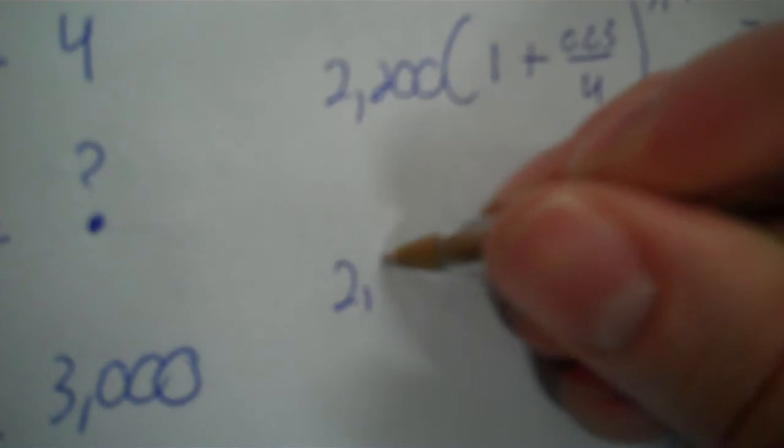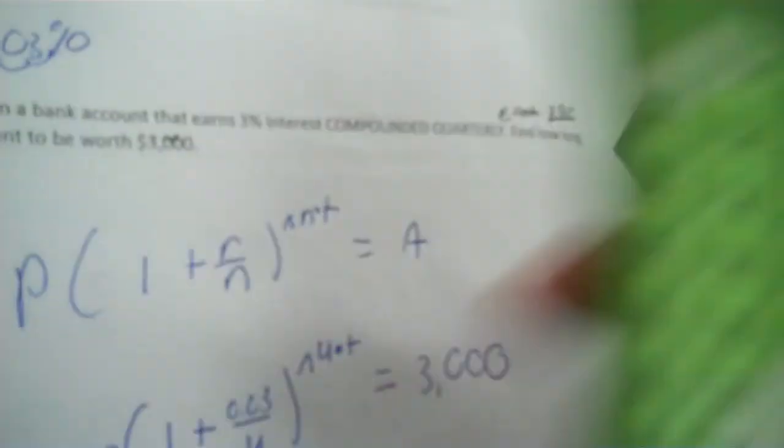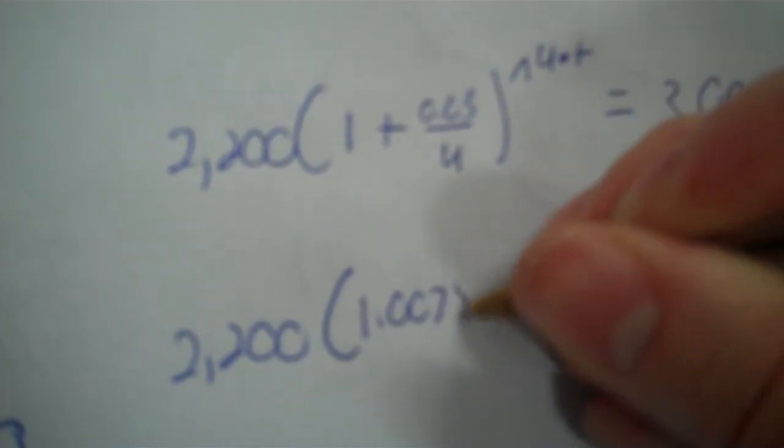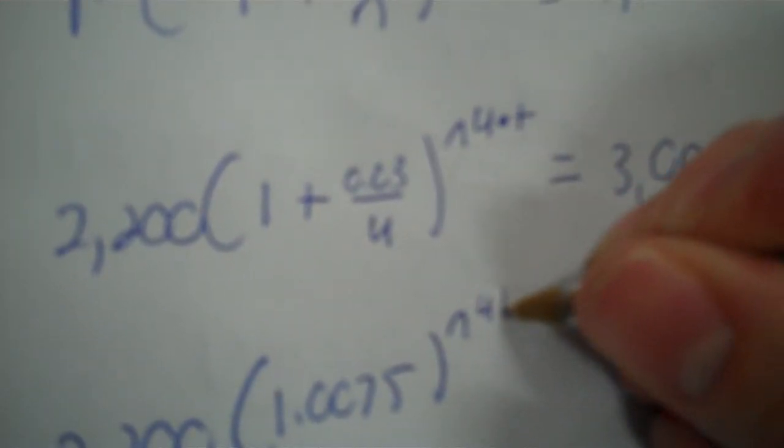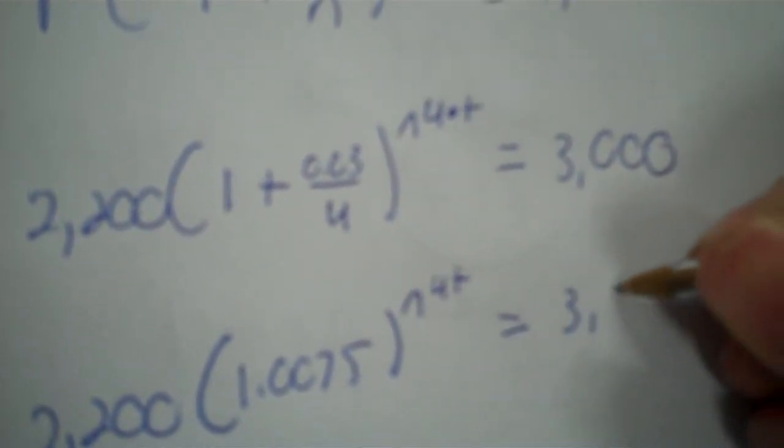Now, before you worry about what you're solving for, you need to simplify the equation by finding the inside of your parentheses. Nothing stopping me from doing that. 1.0075, caret, can't simplify the exponents for t. 3,000.